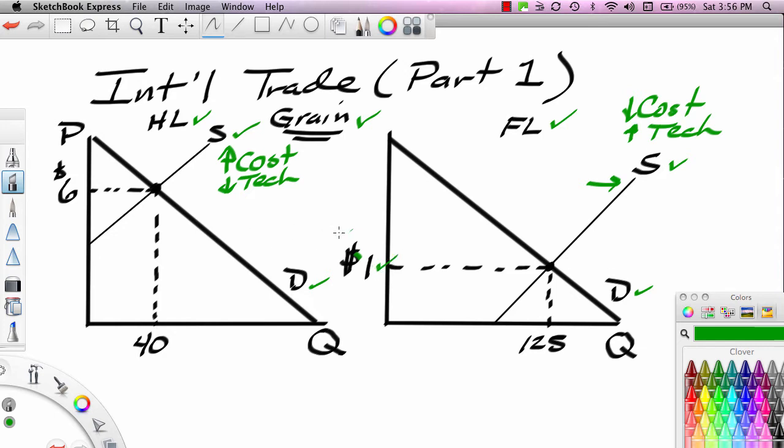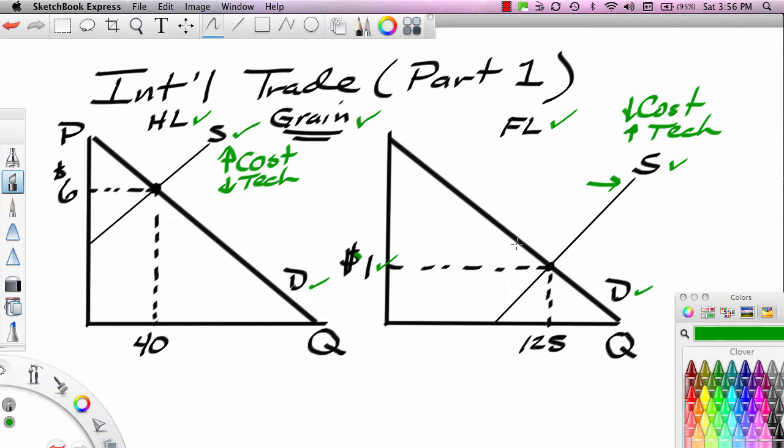But if I can somehow get that grain into a foreign market, Hillland, I can sell it for more. So sellers in Flatland will be attracted to buyers in Hillland, and buyers in Hillland will be attracted to sellers in Flatland. Remember, buyers are always looking for the lowest possible price, and sellers are always looking for the highest possible price. So there's a profit opportunity, an opportunity for both parties to benefit by cooperating.